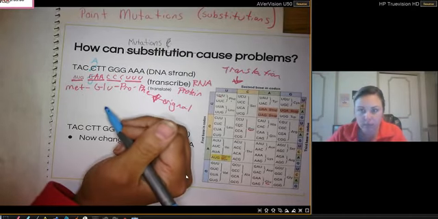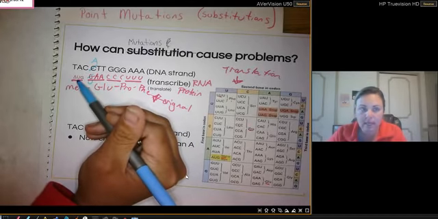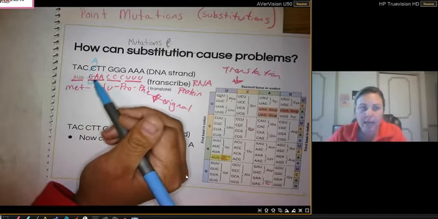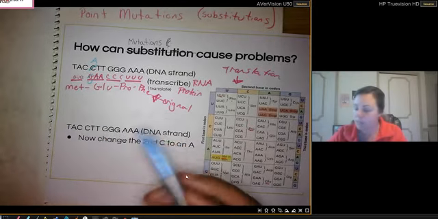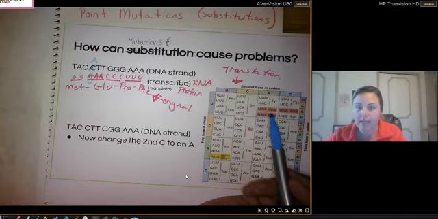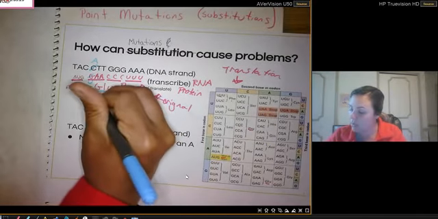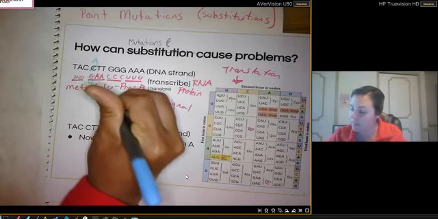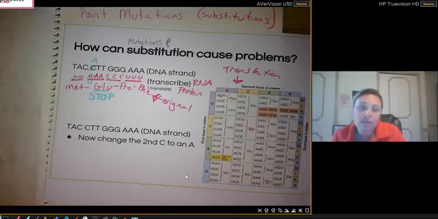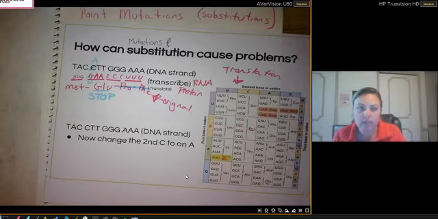We changed the DNA. So this is translated the same, but what is UAA translated into now? Well, if I go over to my codon chart, UAA equals a stop. So instead of GLU, we have stop. Stop means to stop, game over. You cannot go any further. And so none of the rest of this will be translated, okay?